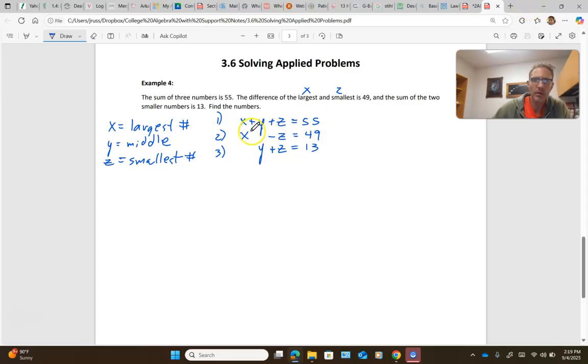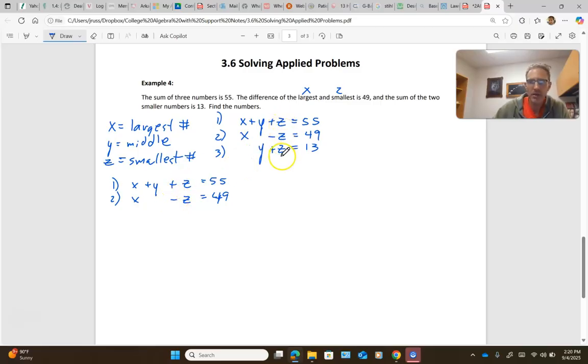So guys, I'm going to arbitrarily choose to eliminate X, and to do that I will combine equations 1 and 2. Okay, so X plus Y plus Z is equal to 55, and then equation 2, X minus Z is equal to 49. Okay. Now, don't be derailed by looking at this and saying, oh, well, I can cancel my Z's.